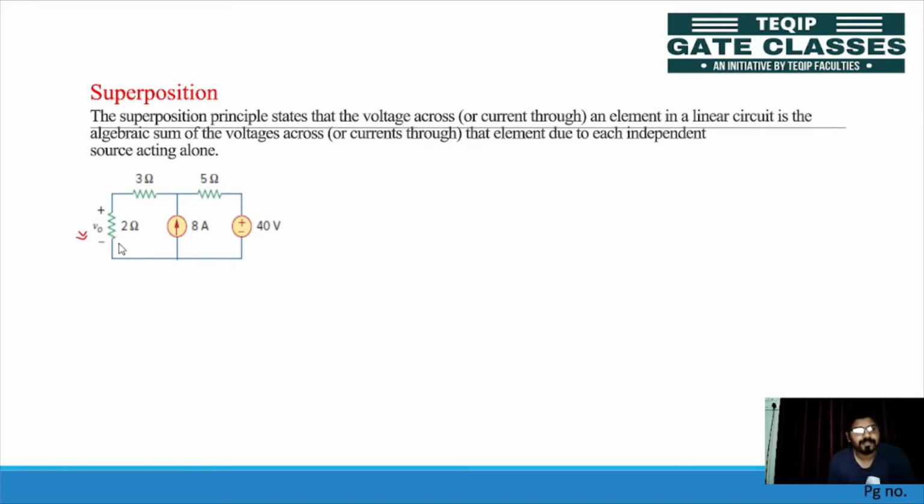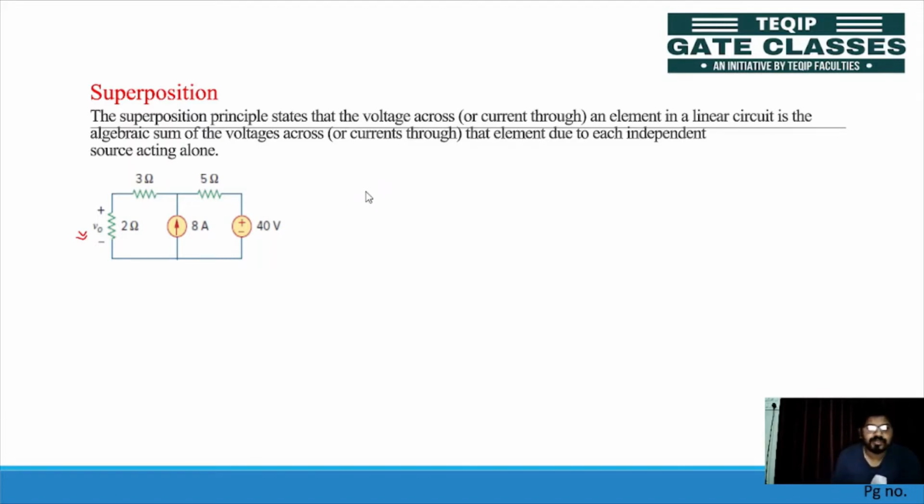First we'll take the 8 ampere source and turn off the 40 volt source and find the voltage across 2 ohm. Second, we'll take the 40 volt source and turn off the 8 ampere current source and again find the voltage across this 2 ohm, and then we'll take the algebraic sum of the voltages. That will be your answer.